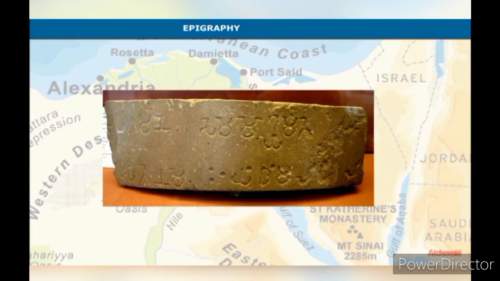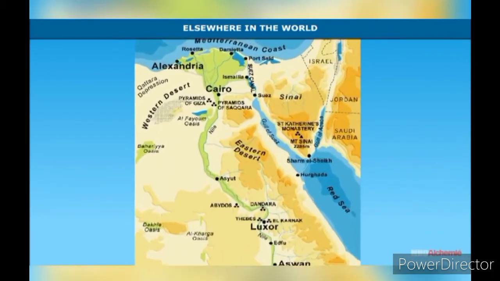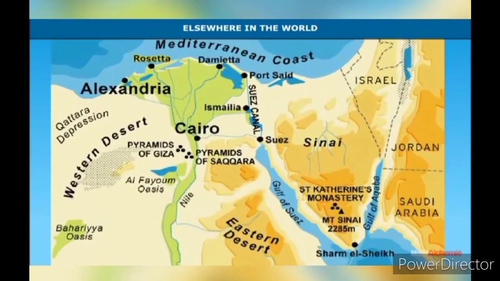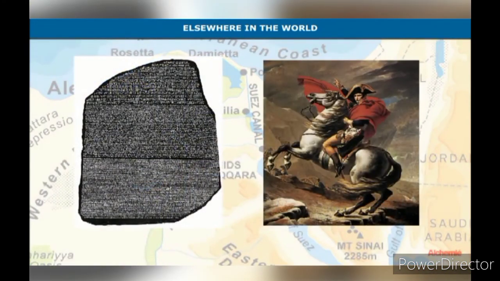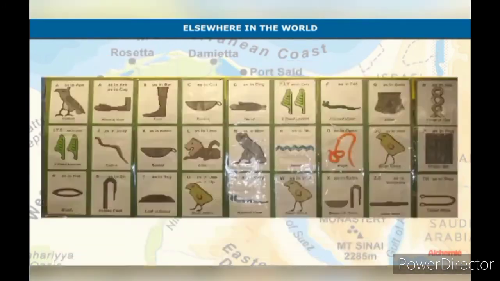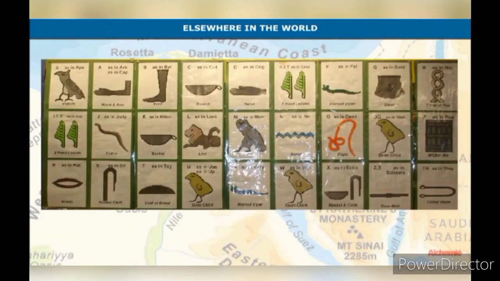Elsewhere in the world, Rosetta is an ancient town of Egypt where inscriptions going back about 5,000 years ago were found. The stone slab in question, now in the British Museum in London, is the famous Rosetta Stone, which was discovered by Napoleon Bonaparte's army in Egypt.